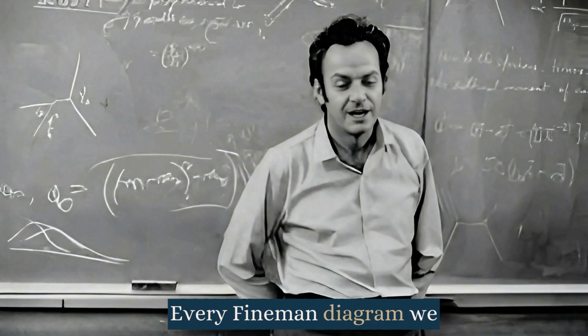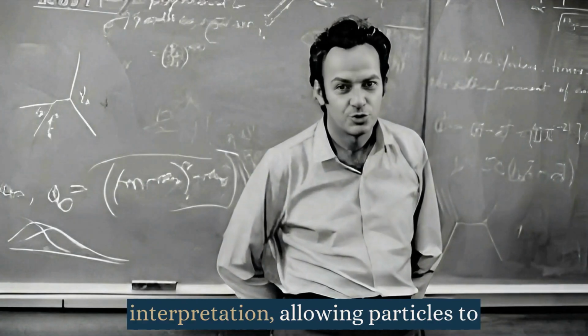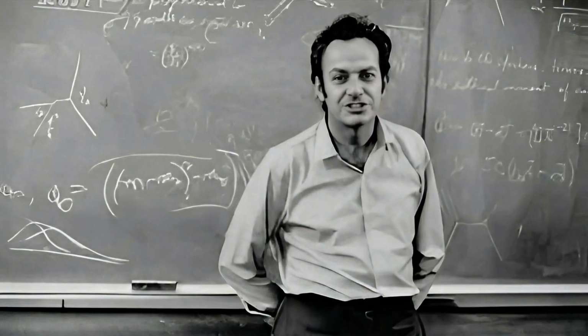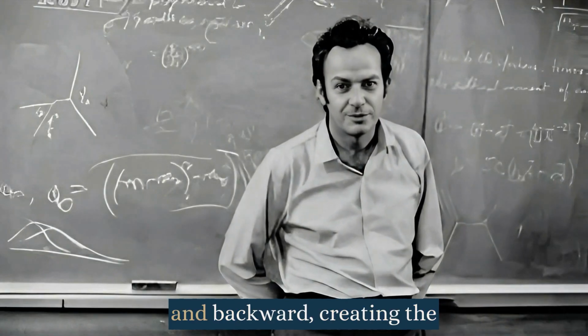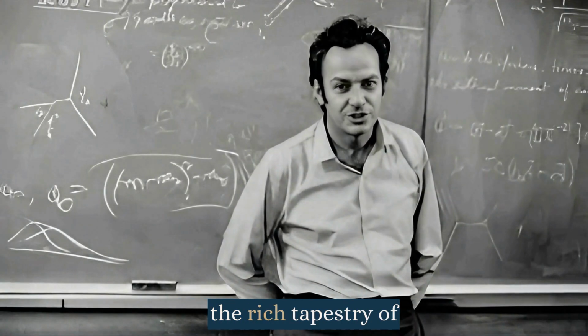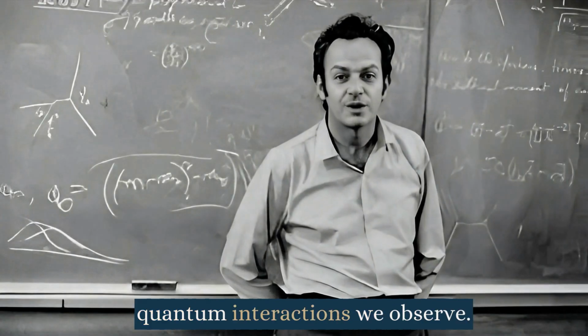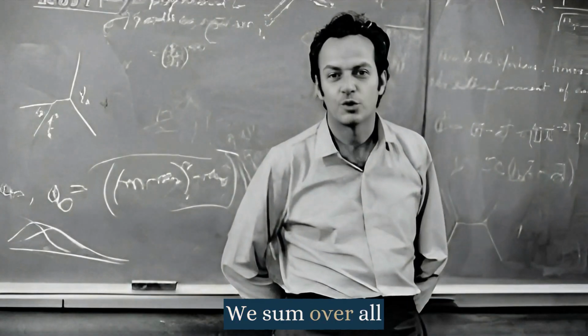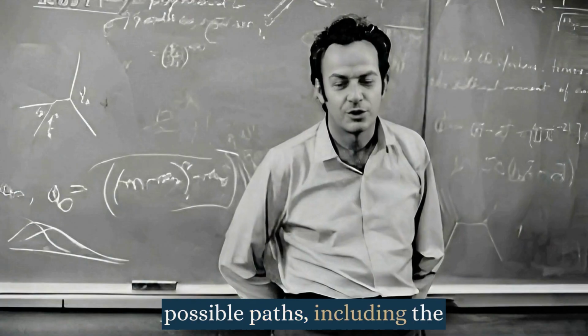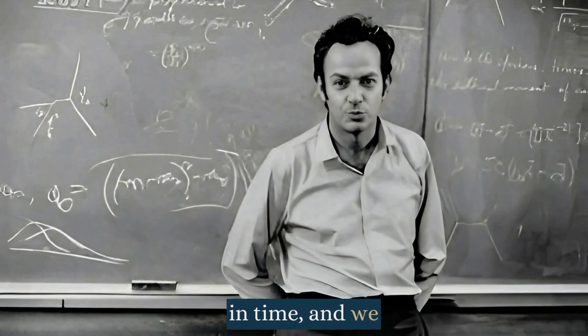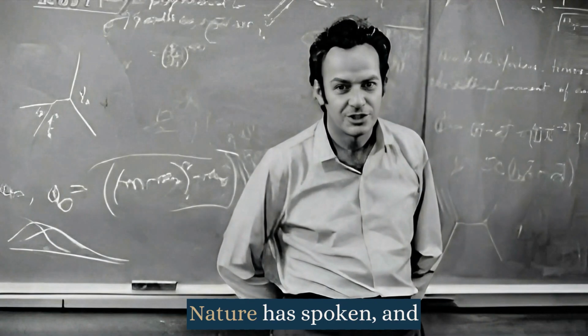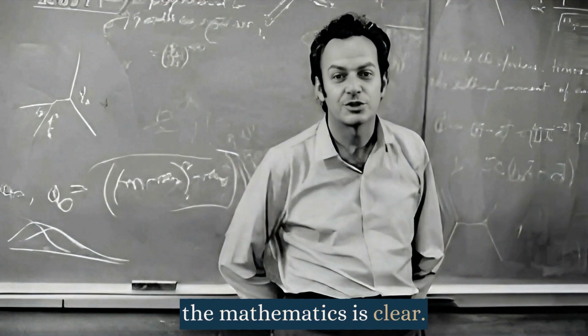Every Feynman diagram we draw relies on this interpretation, allowing particles to zigzag through time, forward and backward, creating the rich tapestry of quantum interactions we observe. We sum over all possible paths, including the ones that go backward in time, and we get the right answer every time. Nature has spoken and the mathematics is clear.